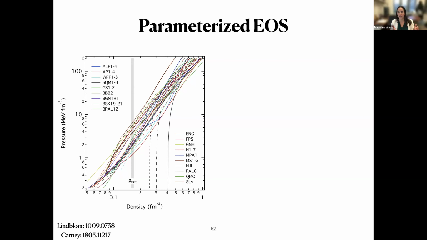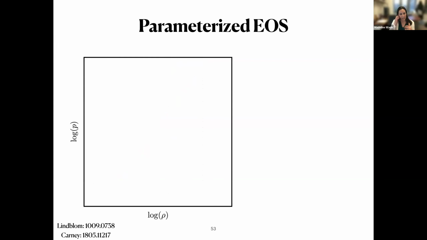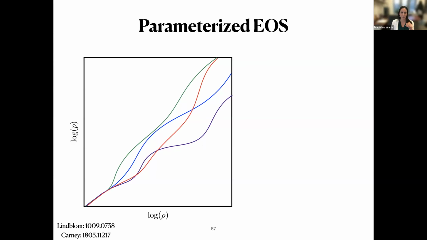But we know there's some line through this pressure density space that would correctly classify the equation of state. Since we don't know what that line is, we can just generically come up with a way to parameterize how those lines move through the space. So it might be a line that looks like this, or like this, or like this, or like this. And in general, we can come up with a set of parameters called here M1, M2, and a set of gammas that will give you the rule for how to draw that line through space.